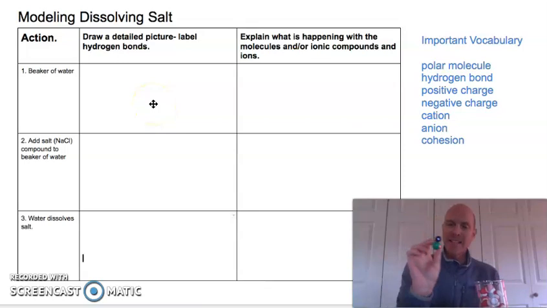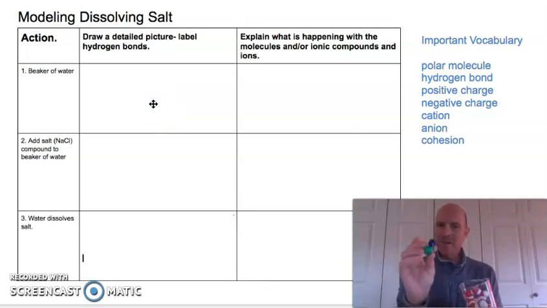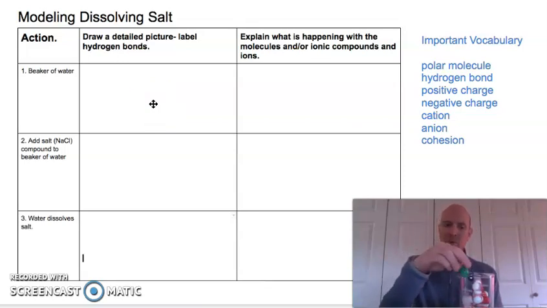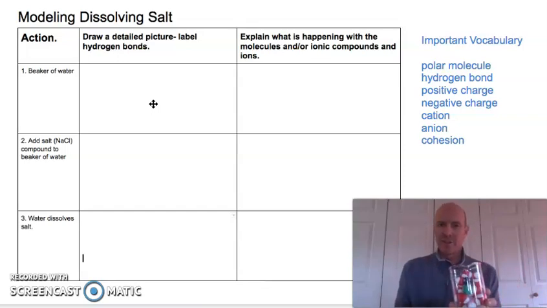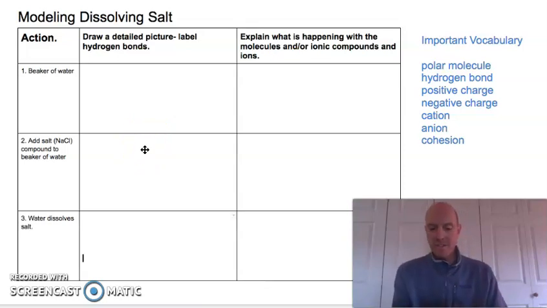Now I'm going to take my salt crystal, my compound, sodium chloride, and drop it in. So you can draw a picture of that too. And then what starts to happen is the water starts surrounding these things. Uh-oh, I just spilled. It's okay.